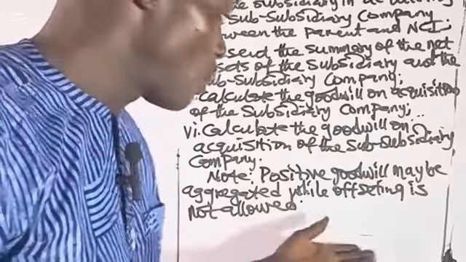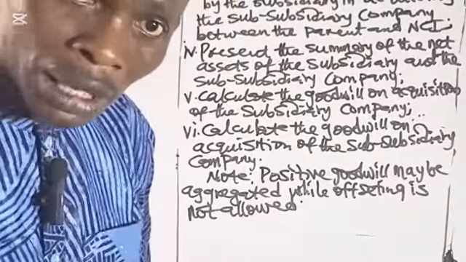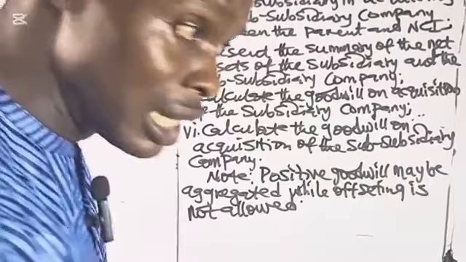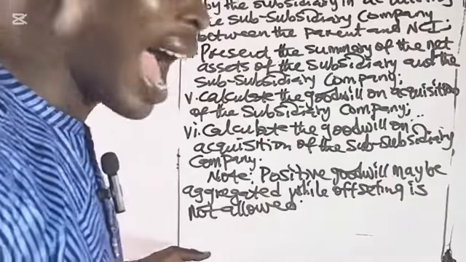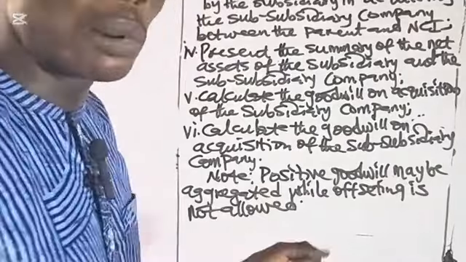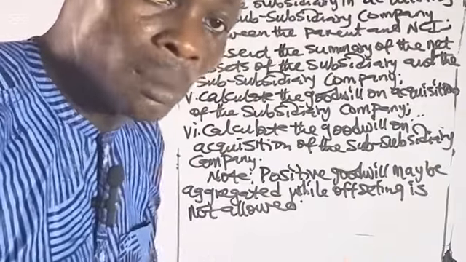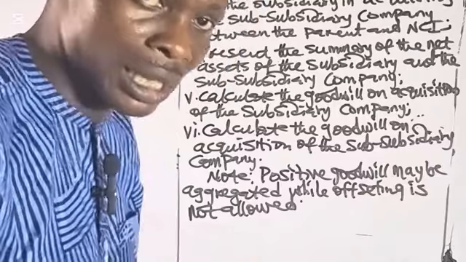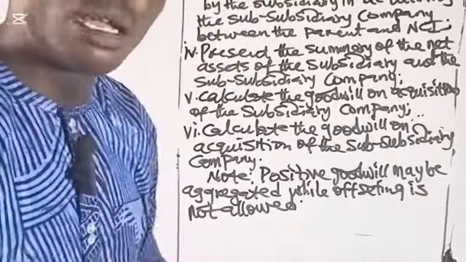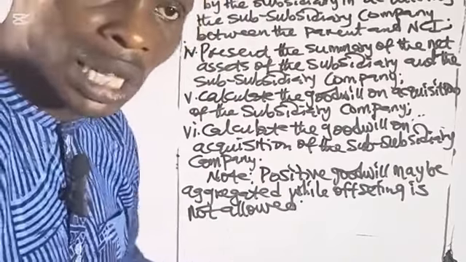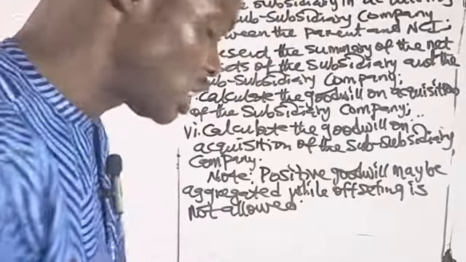But if you don't want to do that, to follow my teaching, based on my principle, instead of sharing it between parent and NCI, I've told you, you can add it to the post-acquisition retained earnings of the subsidiary company in the summary of the subsidiary's net asset. That means you don't need to share, since the post-acquisition retained earnings will still be shared.